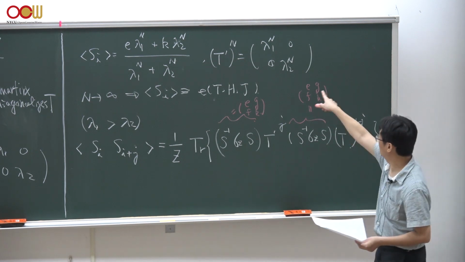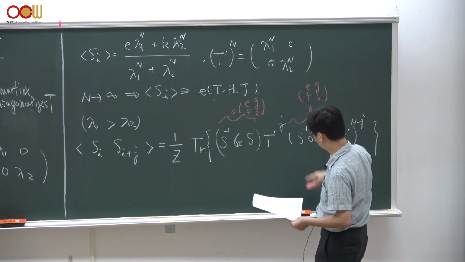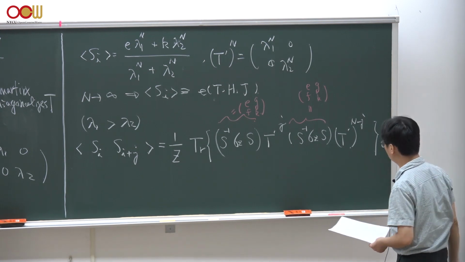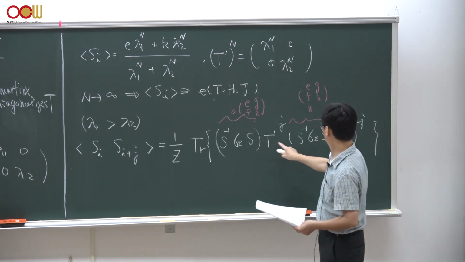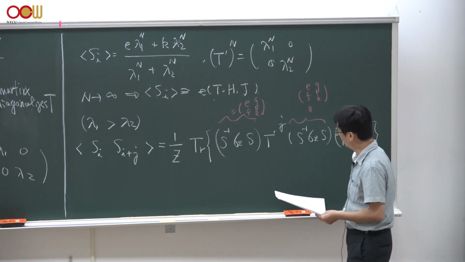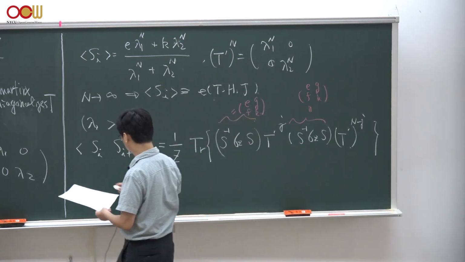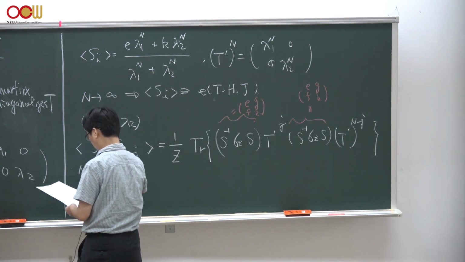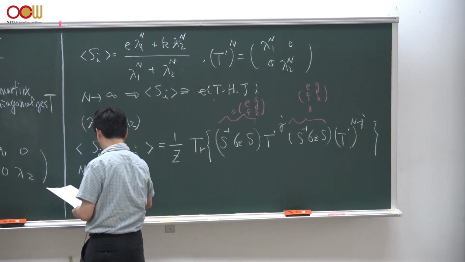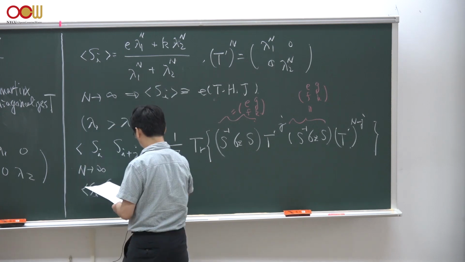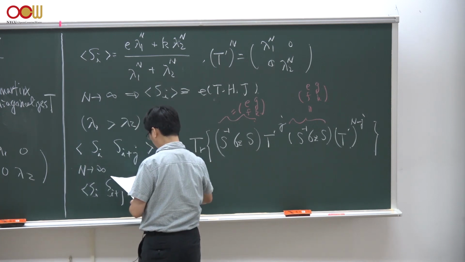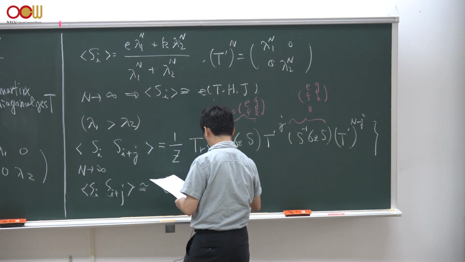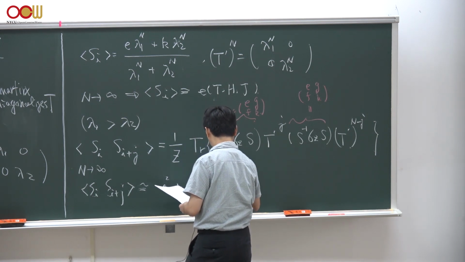And what is T prime? T prime is that lambda 1, lambda 2 diagonal 2 by 2 matrix, and you simply combine everything and multiply these four 2 by 2 matrices. And you take the thermodynamic limit as n goes to infinity, and the correlator of S i and S i plus j is approximately given by E squared plus G times F times lambda 2 divided by lambda 1 to the power of j.